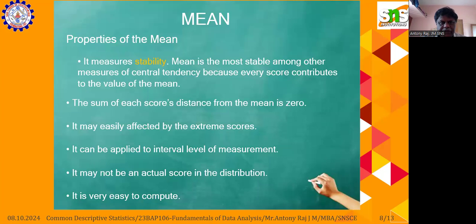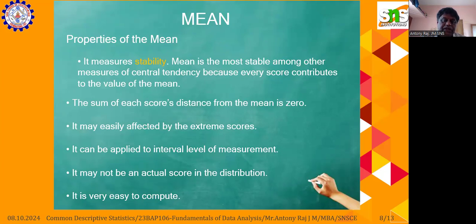Now, properties of the mean. Mean measures stability. The mean is the most stable value among the measures of central tendency, because every value is contributing to the value of the mean. All the values are incorporated in the mean. The sum of each score's distance from the mean is 0. That is, when you add all the deviations, it is 0.